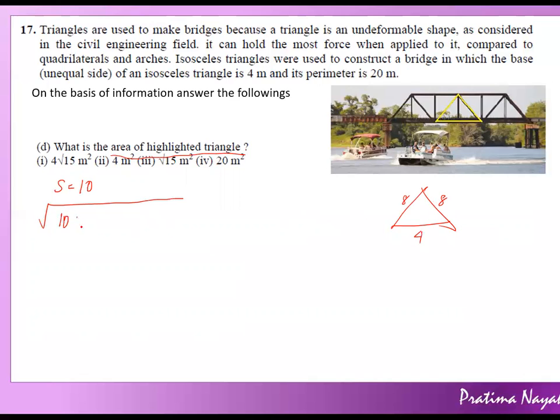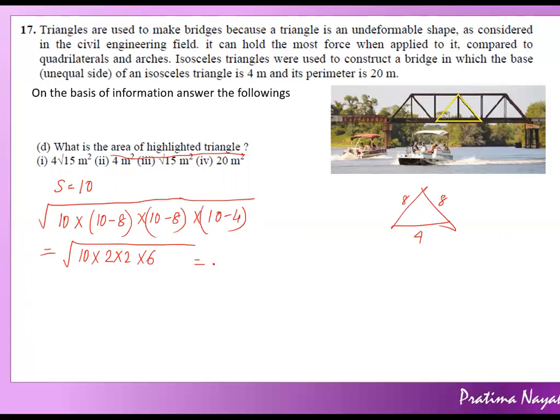So S into S minus A, 10 minus 8, S minus B again 10 minus 8, S minus C, 10 minus 4. The only thing is to take the square root very correctly. So this will be 10 multiplied by 2 multiplied by 2 multiplied by 6. So I'm factorizing it: 2 into 5, 2 into 2, and 6 I'm writing as 2 into 3.